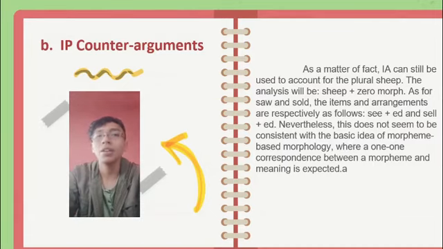Next is IP counterarguments. As a matter of fact, IA can still be used to account for the plural sheep. The analysis will be sheep plus zero morph. As for saw and sold, the item and arrangement are respectively as follows: see plus ed and sell plus ed.